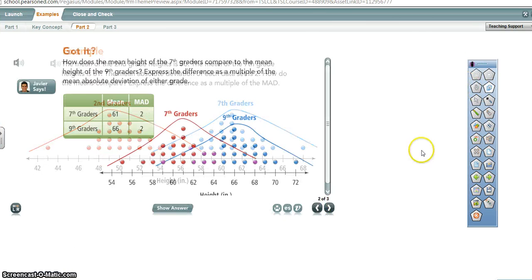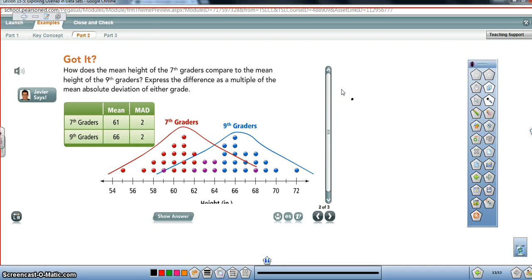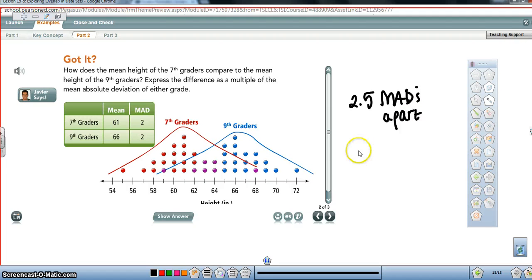But with this group, we found out that they were 2.5 mean absolute deviations apart, and they had more overlap. So what can that tell you?